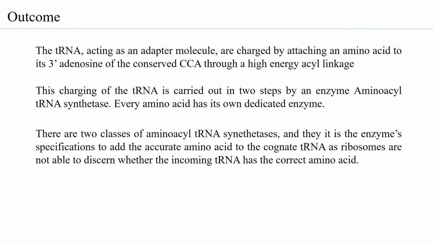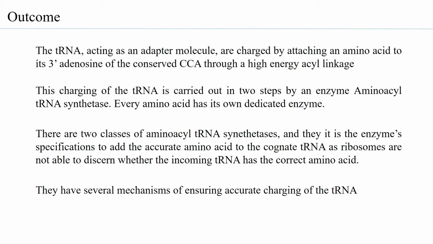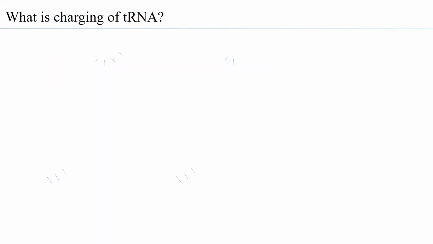That means that ribosomes are not able to distinguish whether the tRNA has brought a correct amino acid or not. So this step of adding the correct amino acid to the tRNA is completely the onus of aminoacyl-tRNA synthetase. They have several mechanisms of ensuring accurate charging of the tRNA.